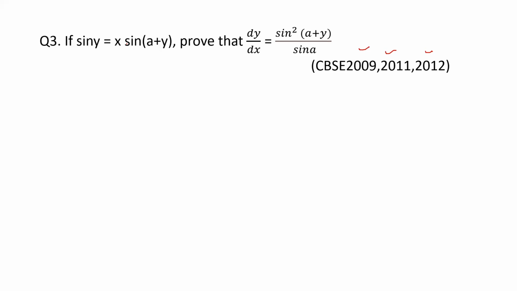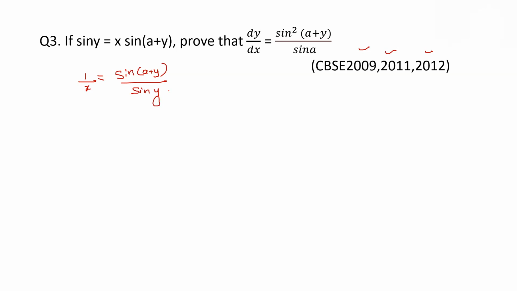So can we shift sine y to the right hand side? You're saying that we will shift this sine y to the right side. Yes, and take x to the other side, left hand side. So this becomes 1 by x and this becomes sine a plus y, and in the denominator you have sine y.